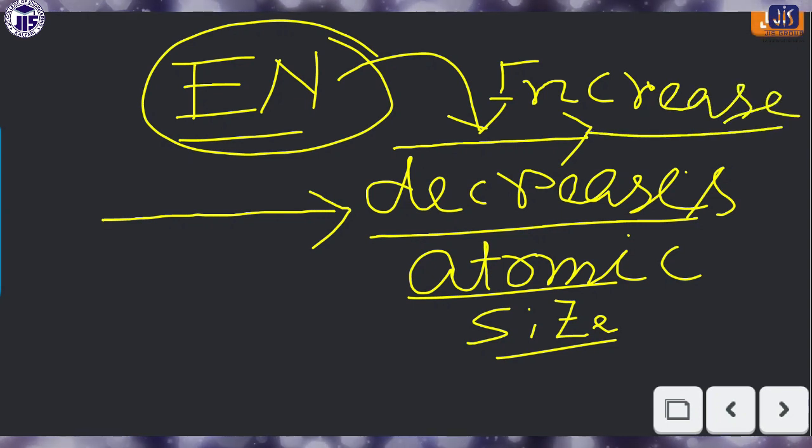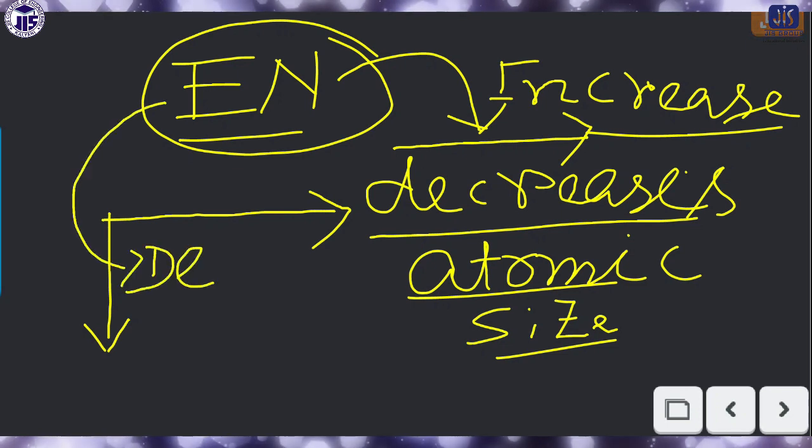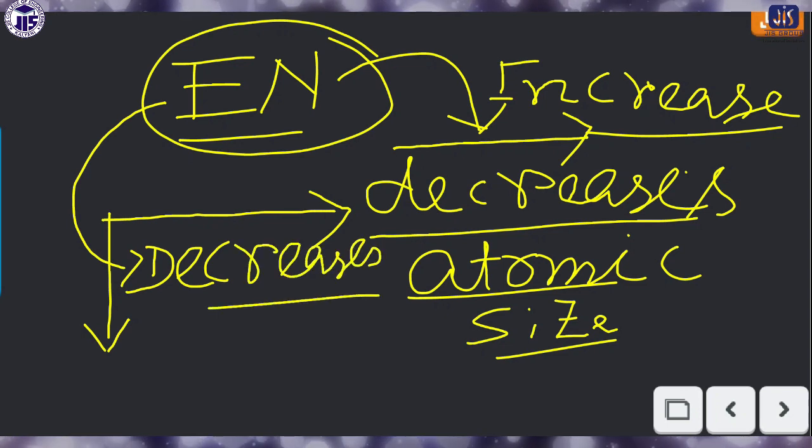Now according to the group, obviously it will be opposite. According to the group atomic size increases, so electronegativity decreases. You have to keep this in mind. And that's why you know that fluorine has the highest electronegativity.